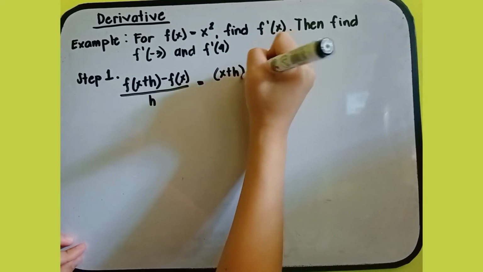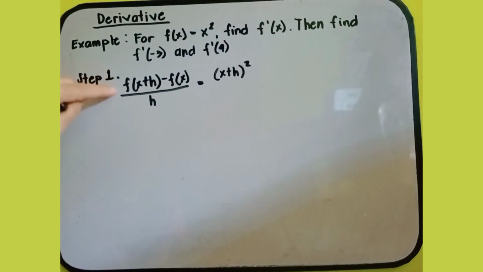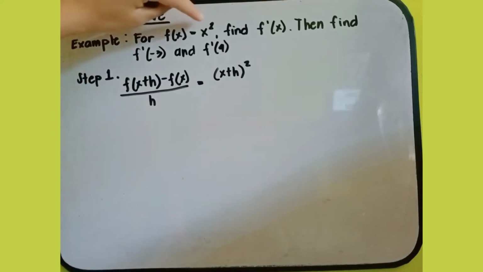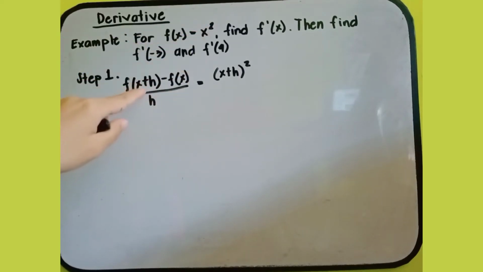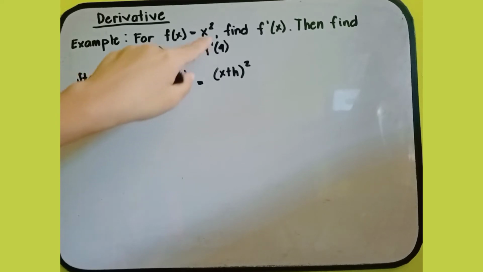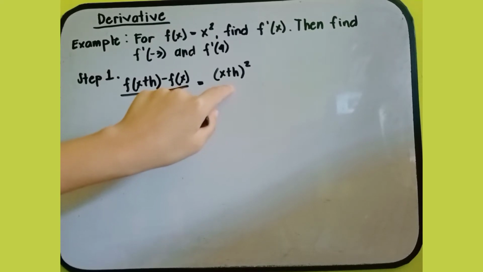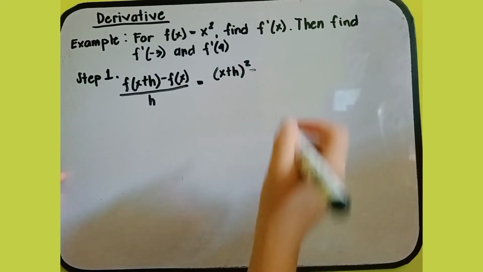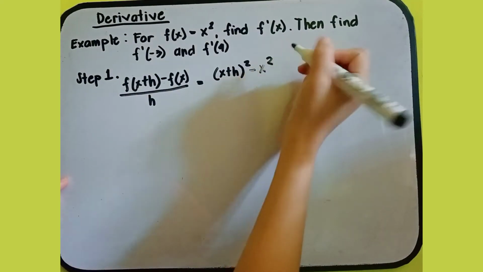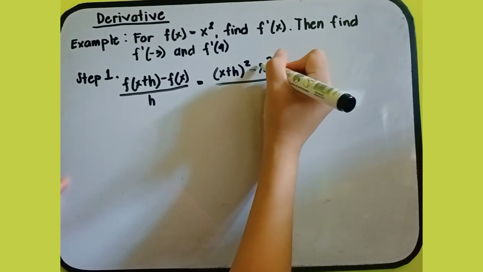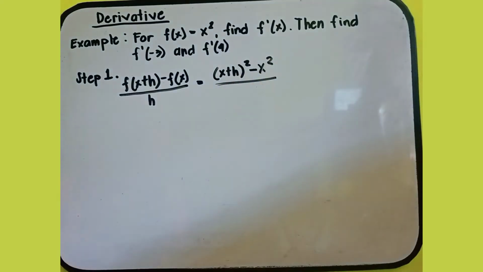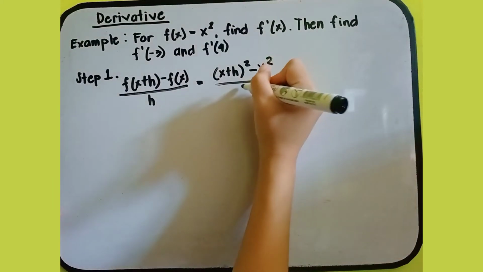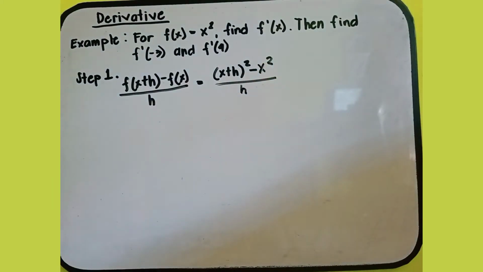Since f of x equals x squared, the value of x here is x plus h, so this will be x plus h squared. Then we subtract x squared, over our h. We now have our difference quotient.